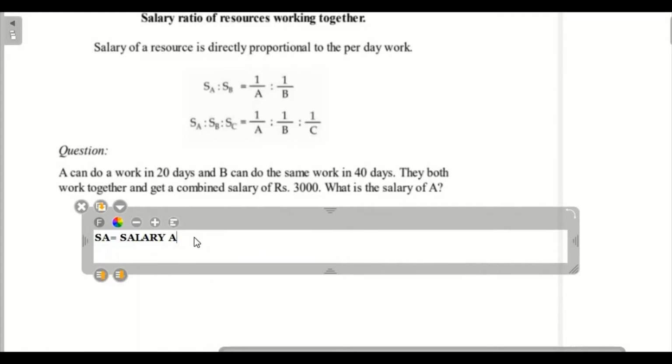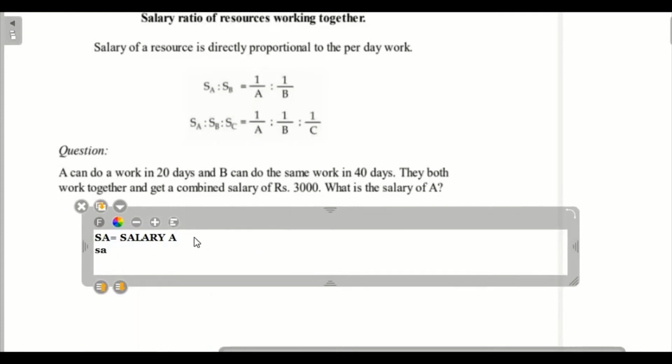So I am writing it like this. Salary of B equals SB.